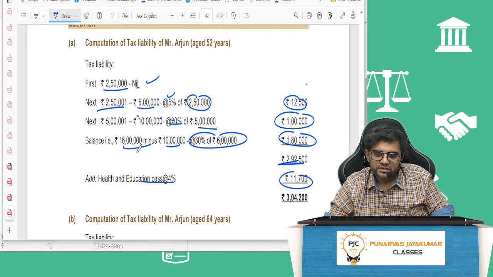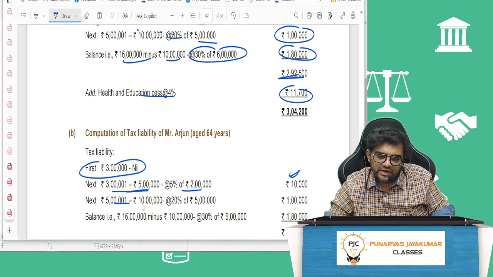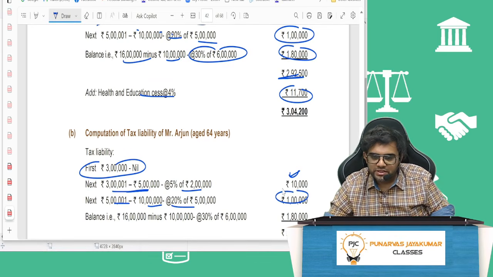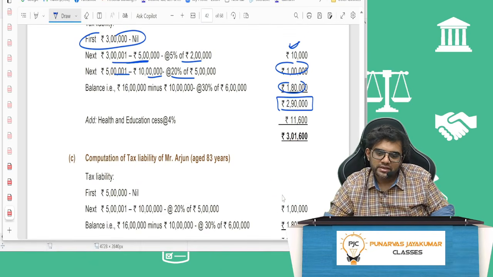Very, very easy. If you are 64 years, this 2 lakh 50 will become 3 lakh. That's all. For the remaining 2 lakh, 5%, 10,000 rupees. 5 lakh to 10 lakh 20%, 1 lakh rupees. And above that, for the 6 lakh, 30%, 1 lakh 80,000. So 2 lakh 90,000. Add health and education cess 4%, 11,600.